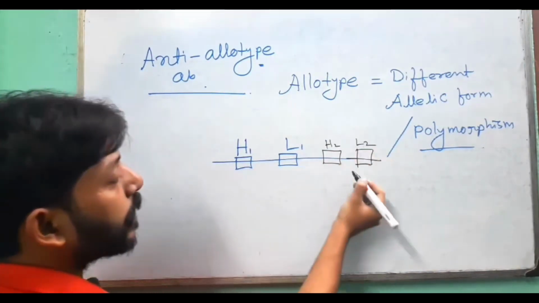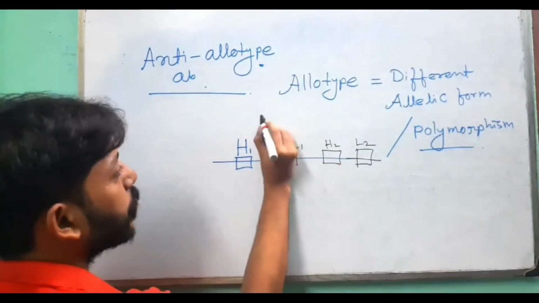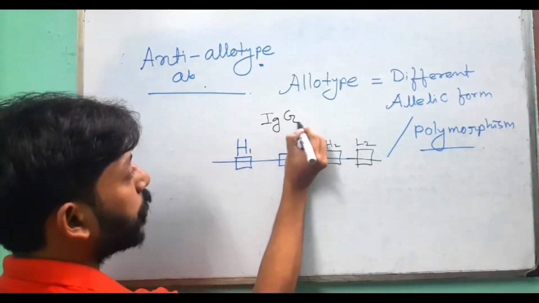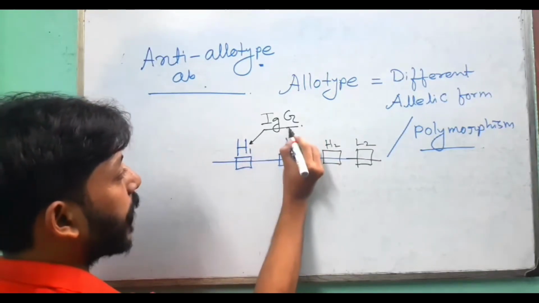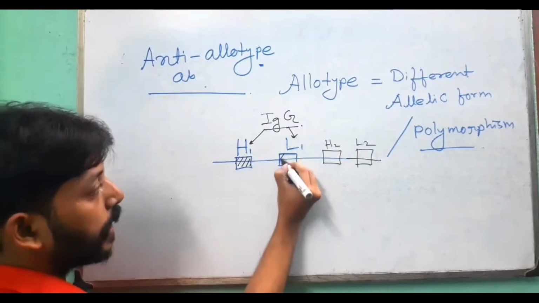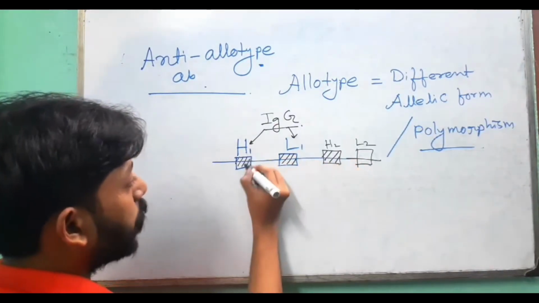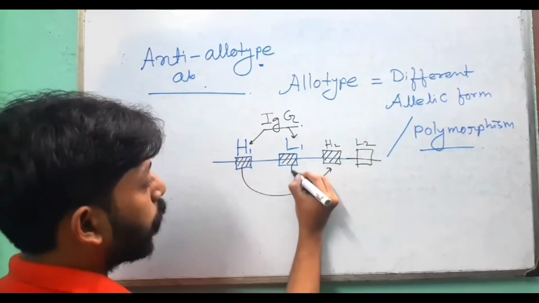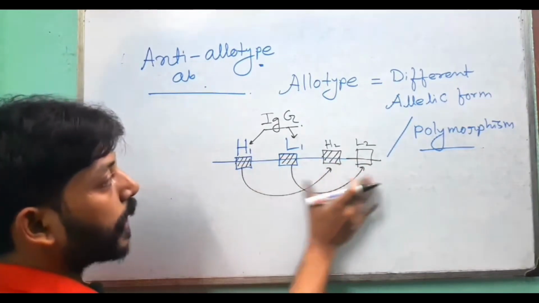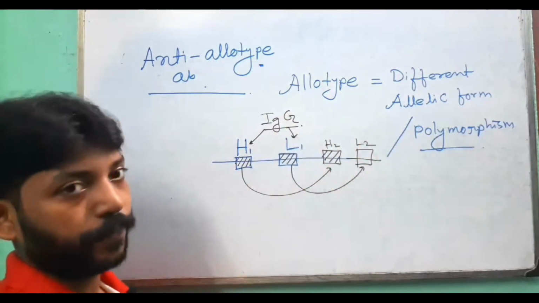So these are the different allelic forms of a heavy chain and light chain. Let's assume this is an IgG antibody heavy chain and light chain. This gene segment H1 and L1 can be present in two different allelic forms, H1, H2, L1, L2. So these are called allelic form or polymorphism or allotype.